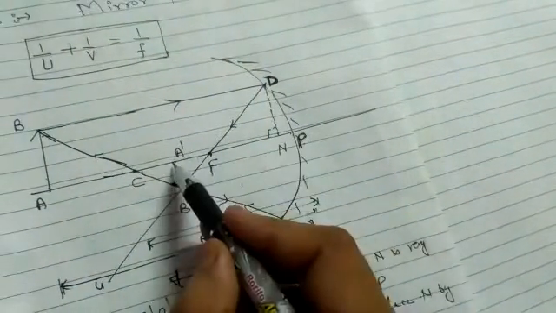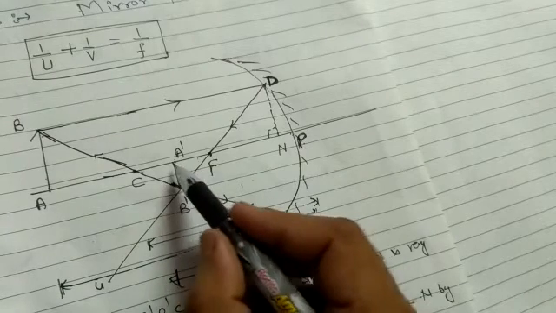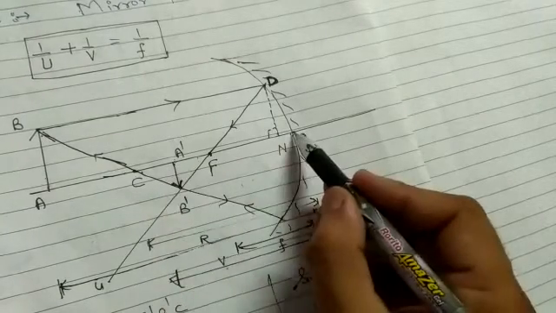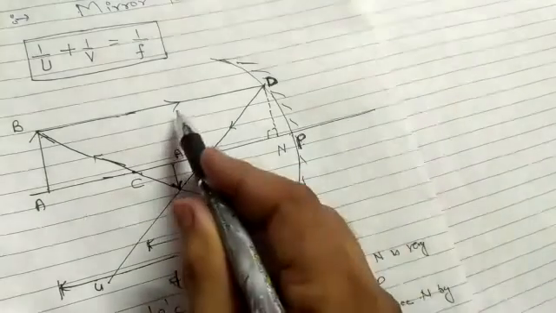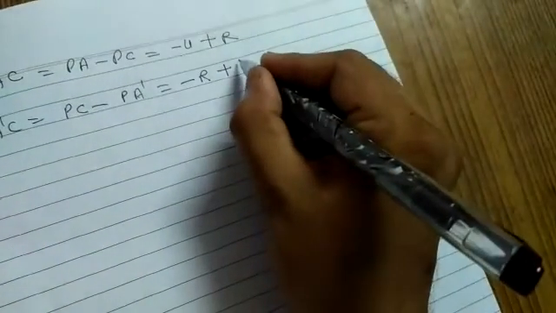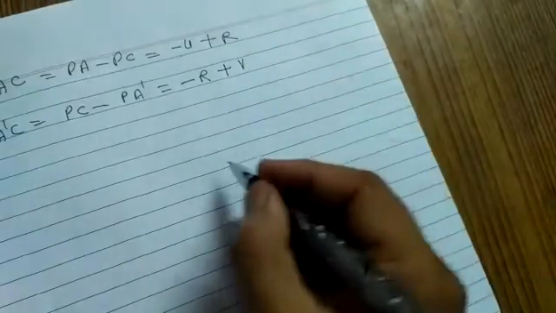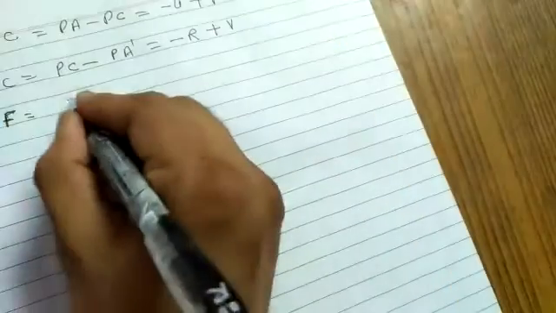So PA dash, that is A dash V dash, is the image distance from the pole. It means this is V here, again left hand side, opposite to the direction of incident light. Therefore it is again minus, so minus minus becomes plus, denoted by V here. Likewise PF, the distance between P and F, is the focal length denoted with small f and a negative sign here.